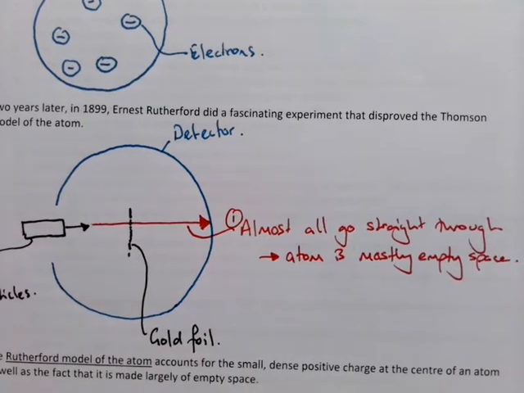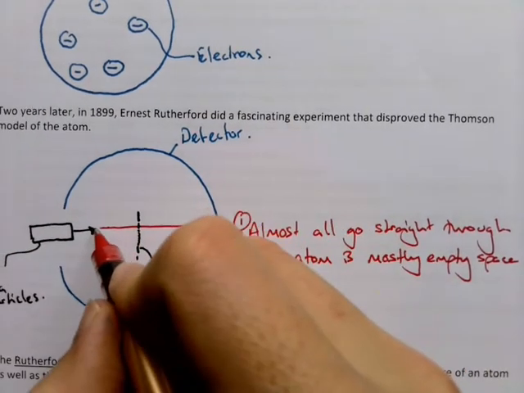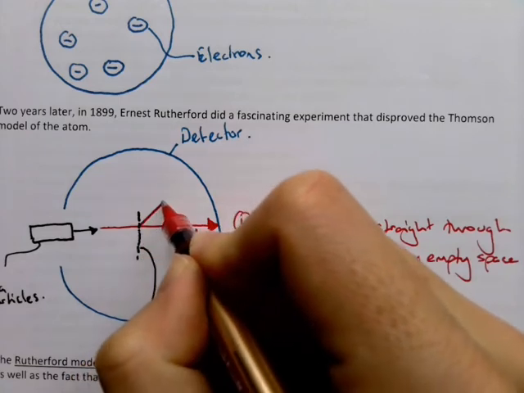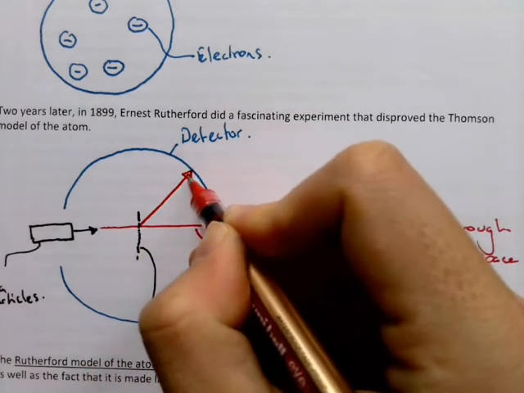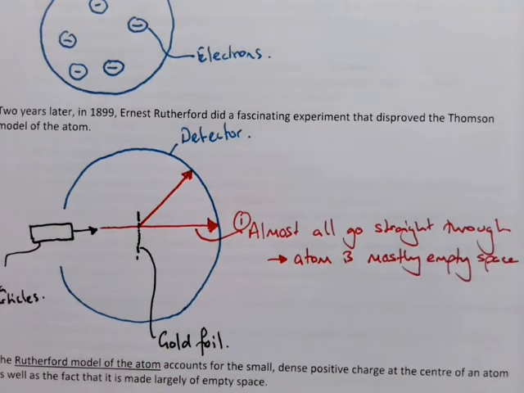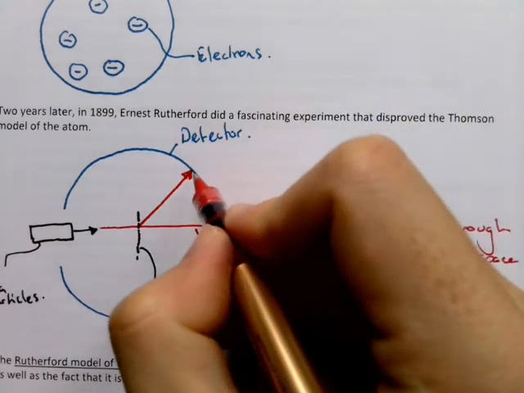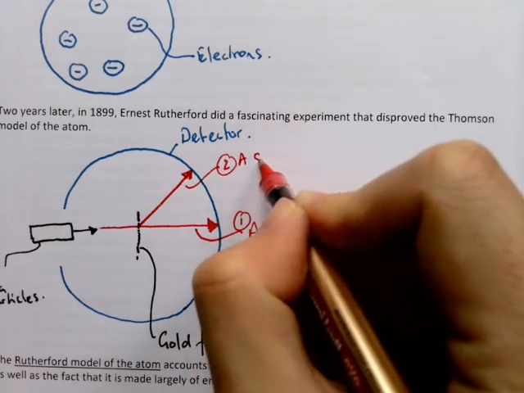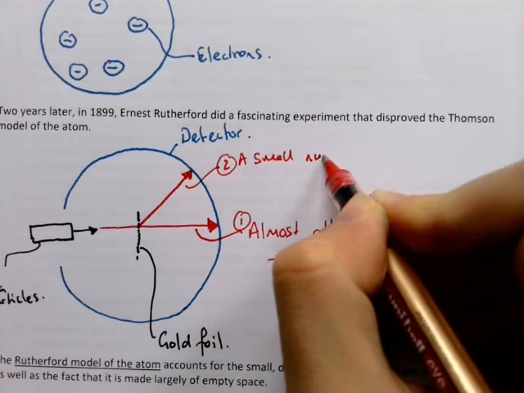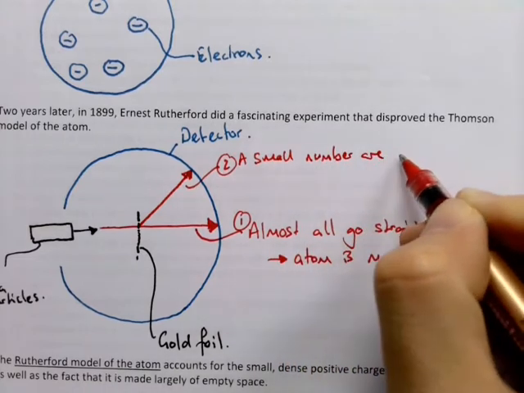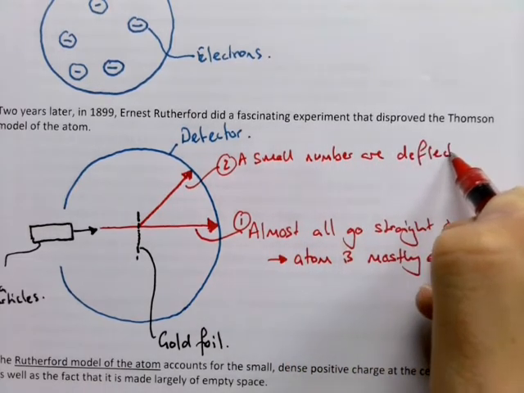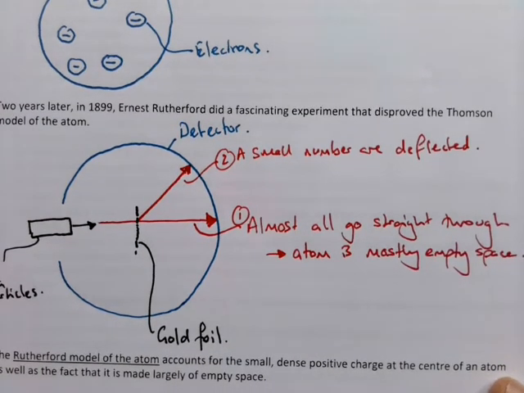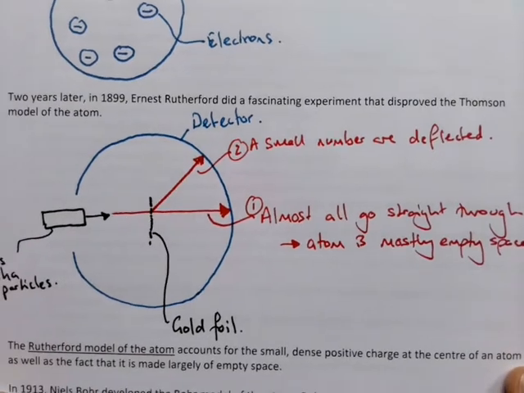The second thing he found was that the alpha particles come along and then some of them get deflected. So number two, a small number are deflected. Now, at this point, I need to tell you something special about alpha particles.